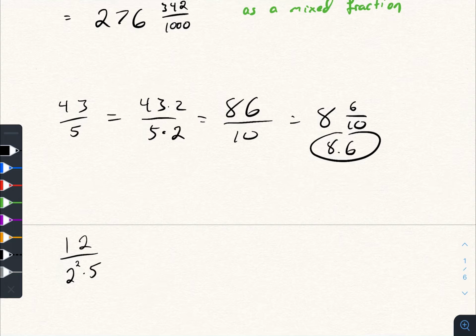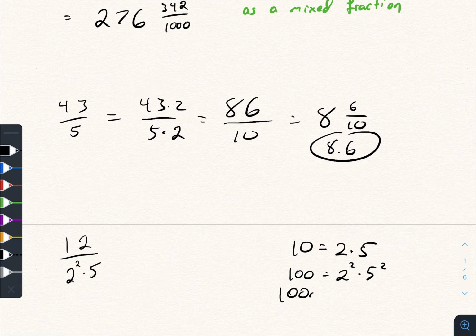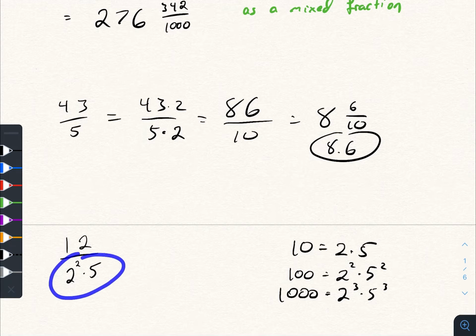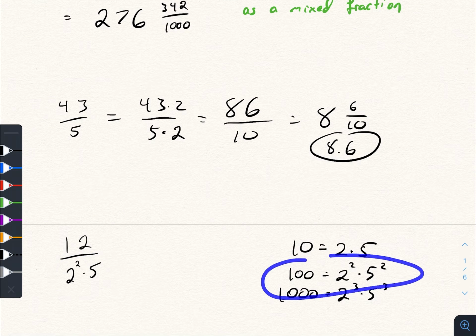Part of the key here is that 10 is equal to 2 times 5. 100 is equal to 4 times 25, which is 2 squared times 5 squared. In the same way, 1,000 is going to be 2 cubed times 5 cubed. So this right here is pretty close to being 100. It's just missing a factor of 5.